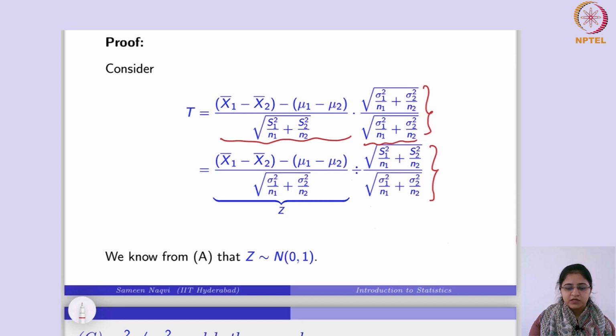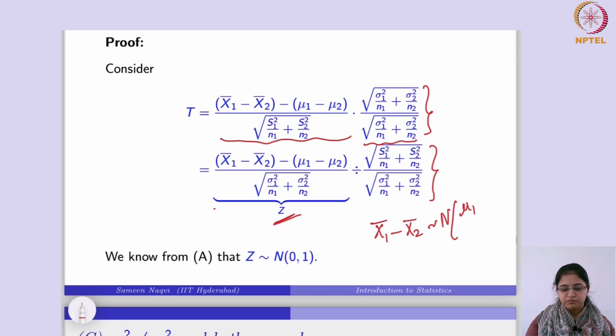Okay. Now we know from the first result that this is going to follow your standard normal distribution, because in the first place we have seen that x1 bar minus x2 bar would be following normal. The means would be mu1 minus mu2, and variance would be sigma 1 square over n1 plus sigma 2 square by n2.